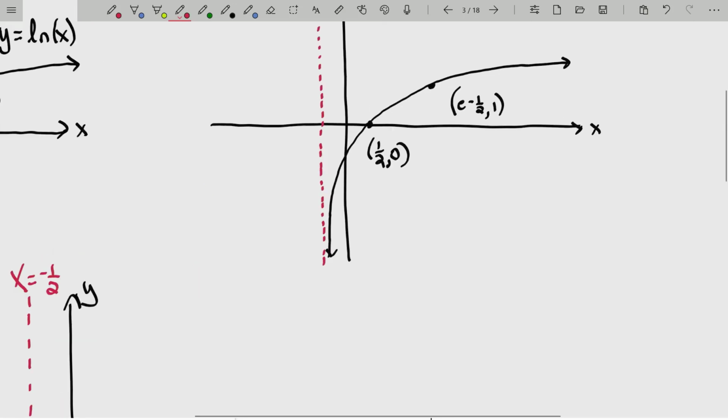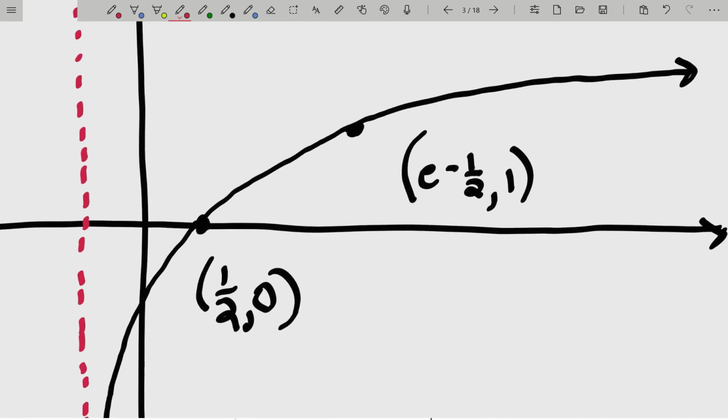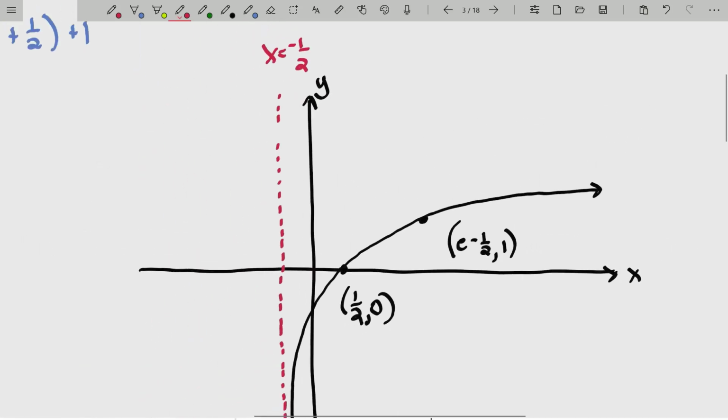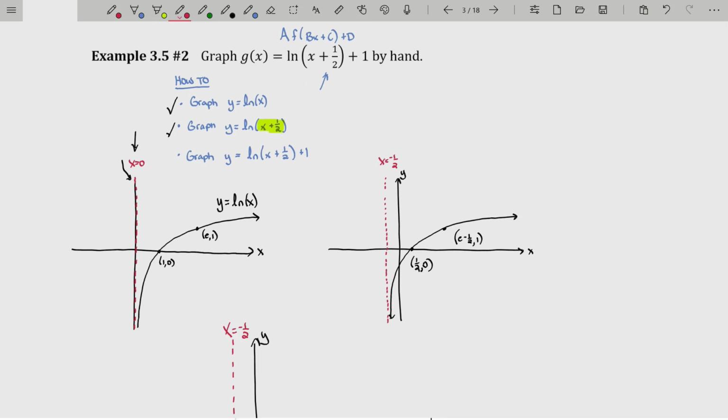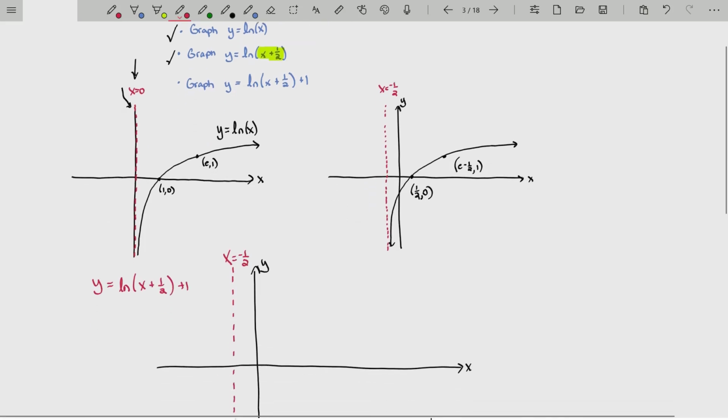What does change are these 2 points. I'm adding 1 to their y values because, again, we're about to graph y equals natural log of x plus 1/2 and then plus 1. So the plus 1 is going to change all the y values, add 1 to them.